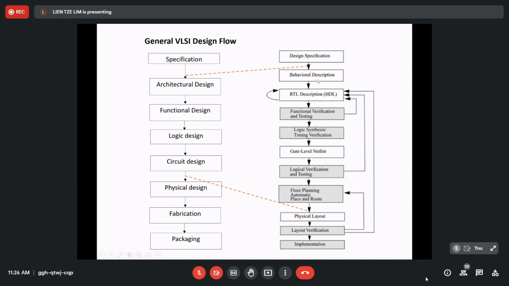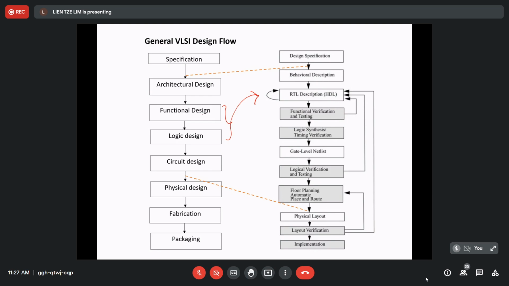These two, the behavioral description, is actually for the architectural design. And the RTL descriptions here are covered for the functional and logic design.